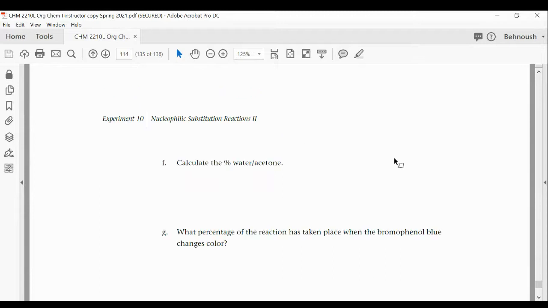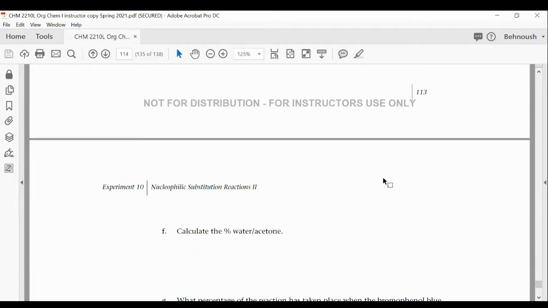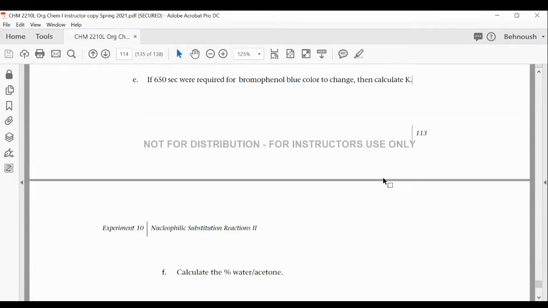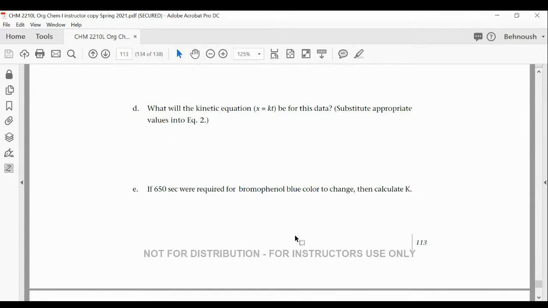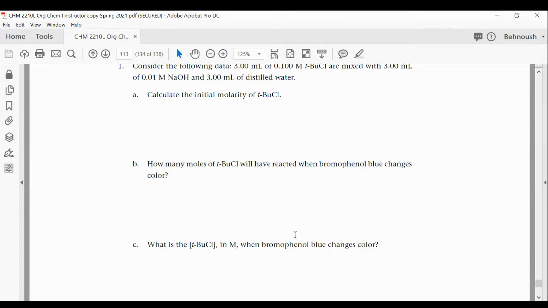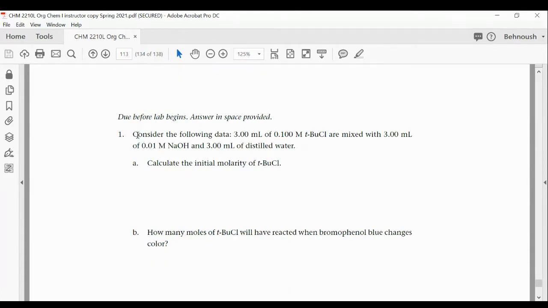For the percent water acetone, oh, I'm sorry. I think I answered at least one person maybe wrong, because this one refers to an earlier question, question number 1. This is the composition, so it may not be 70% or 80%. You just have to see what's the total volume and how many milliliters is for T-butanol.